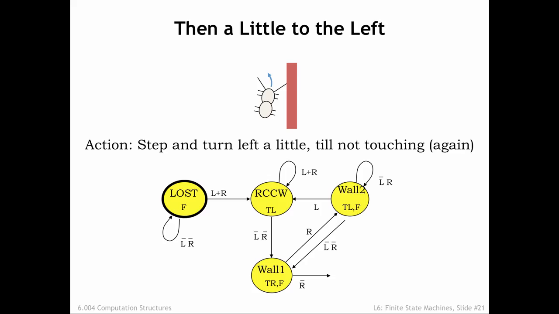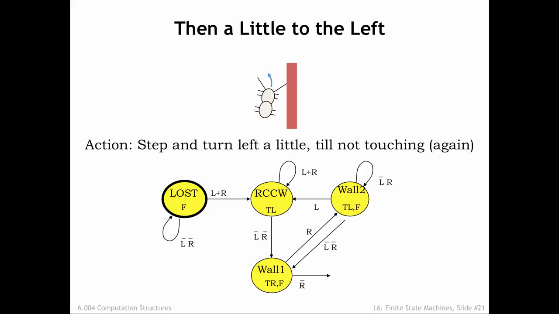If the right antenna is still touching, it needs to continue turning. If the left antenna touches, it's run into a corner and needs to reorient itself so the new wall is on its right, the situation we dealt with in the rotate counterclockwise state. Finally, if both antennae are free, the ant should be in the state of the previous slide, standing parallel to the wall, so we return to the wall 1 state.